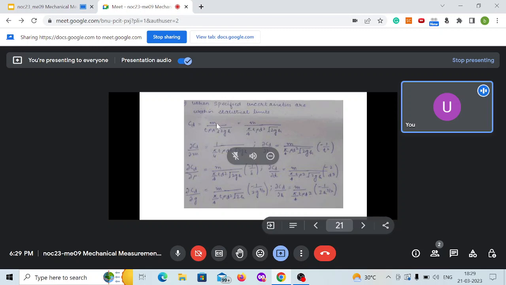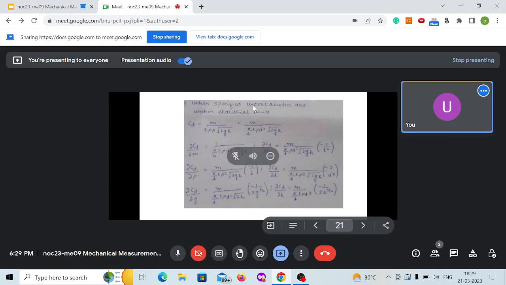CD is a function of mass, time, density, diameter, acceleration due to gravity, and head. Starting with the variable mass, dou CD by dou m is 1 by pi by 4 t; the denominator term remains as it is.